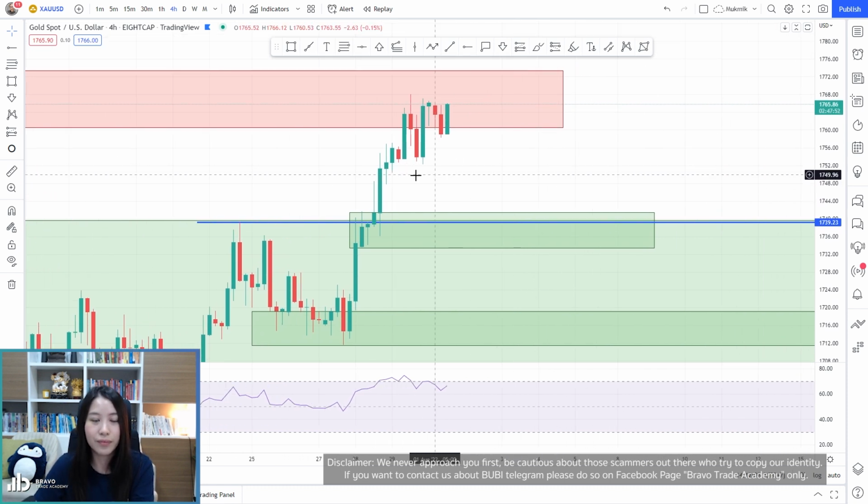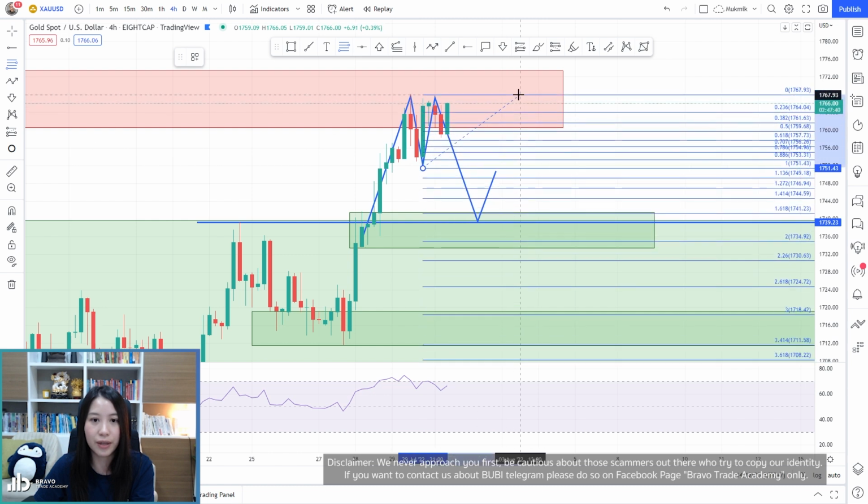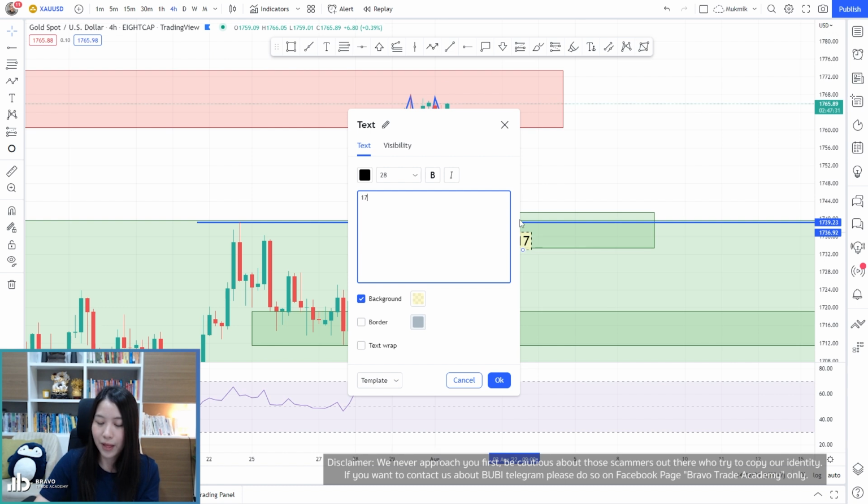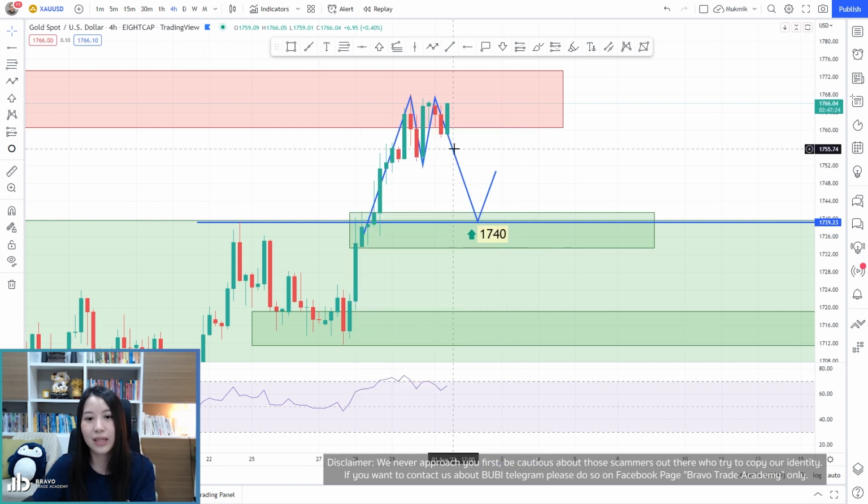All right, and the price could form this structure as well. Okay, that could be a confirming signal too. So if I use my Fibonacci extension, ooh, beautiful. So 1740 is our first plan for today.